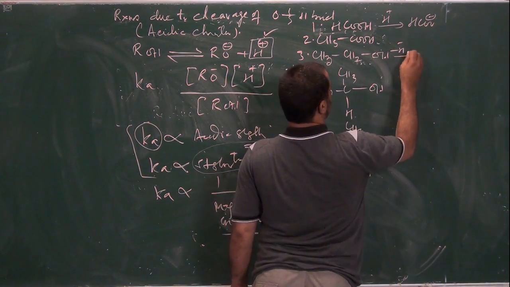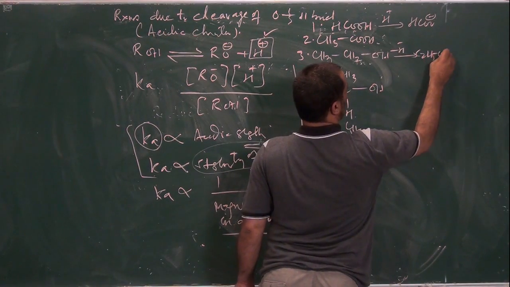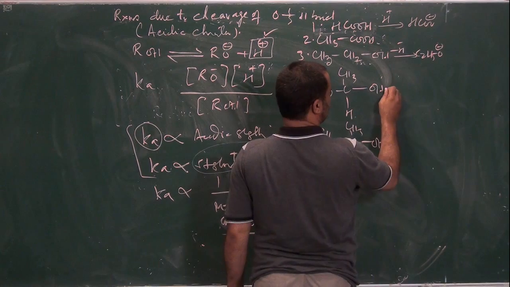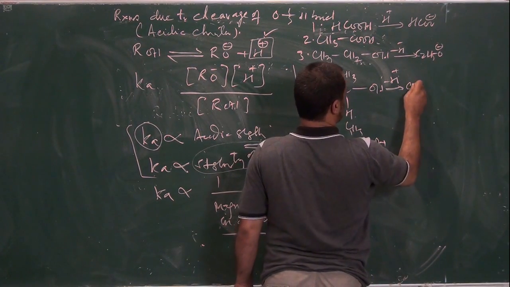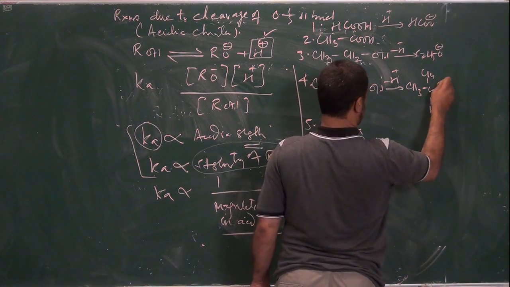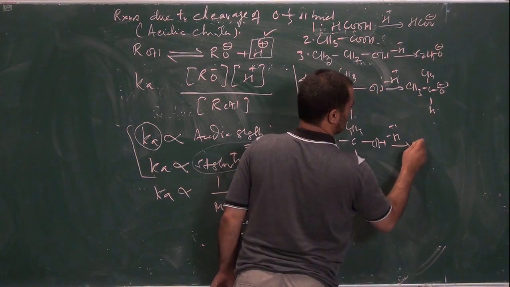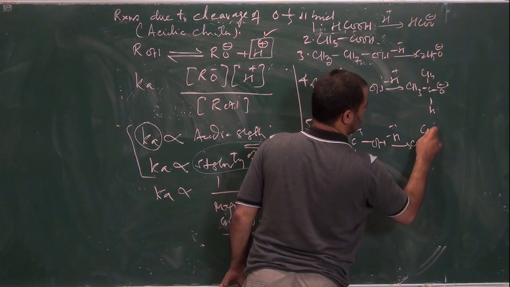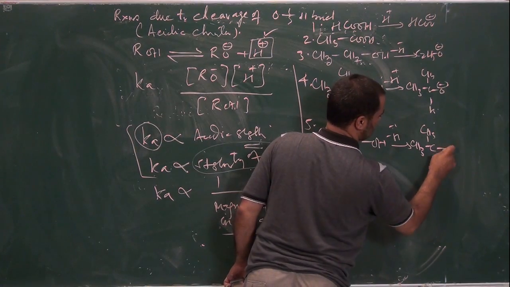Here, minus H positive, it will be C2H5O negative ion. Here, minus H positive, it will be CH3, CH3, H and O negative. Here, minus H positive, it will be CH3, CH3, CH3 and O negative.